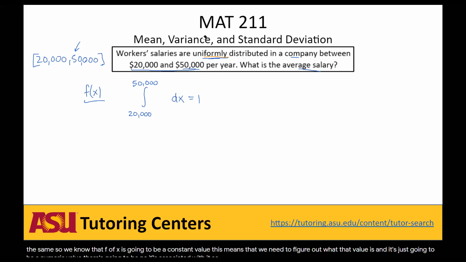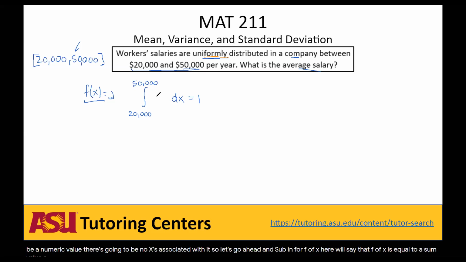Let's sub in for f of x. We'll say that f of x is equal to some value a, and we'll substitute an a here. So a integrated between 20,000 and 50,000, and we know that has to equal 1. Let's start by integrating.